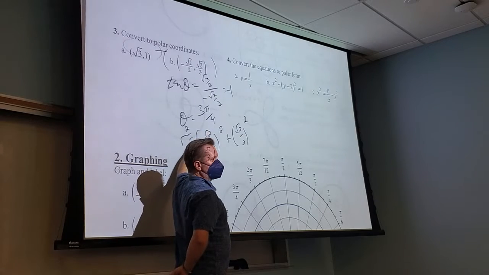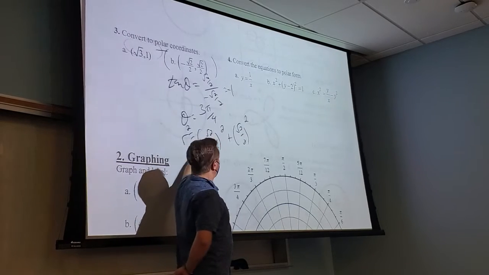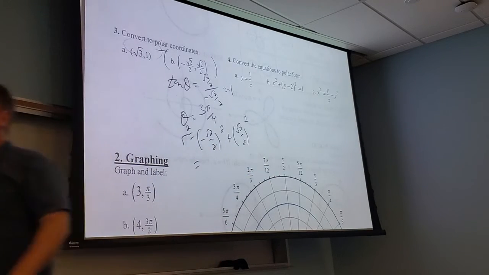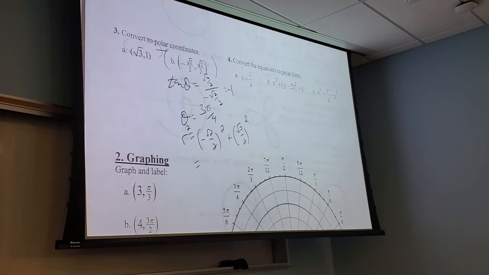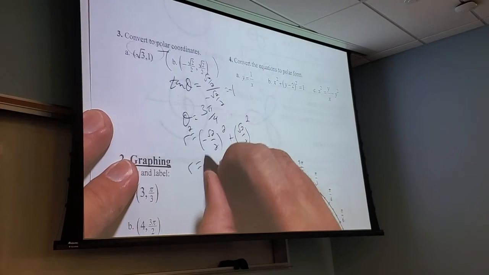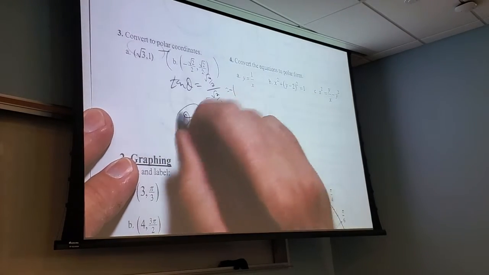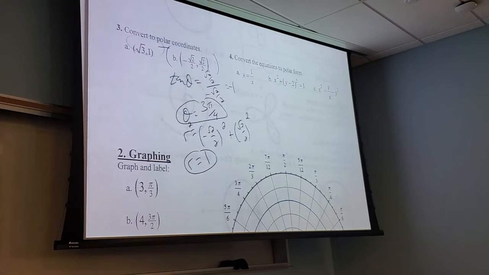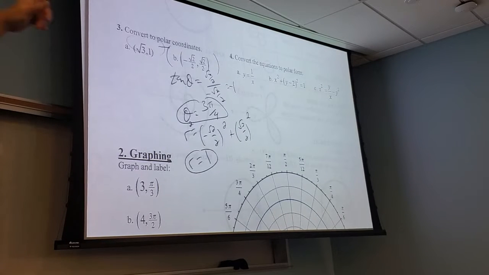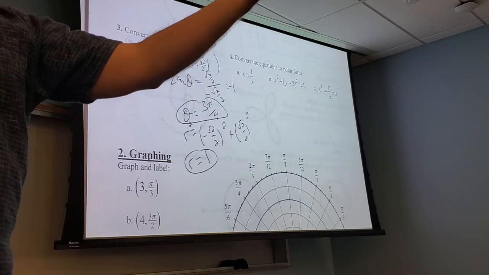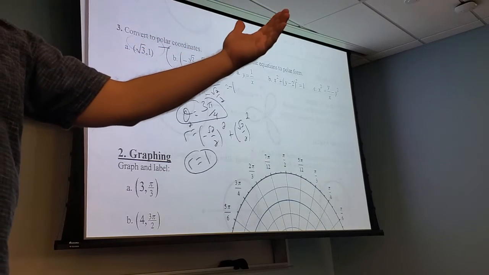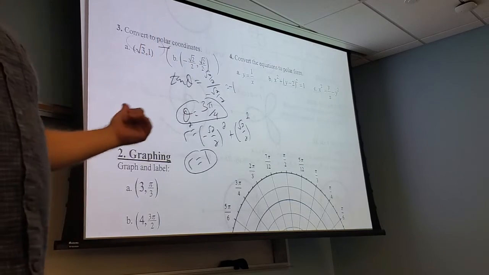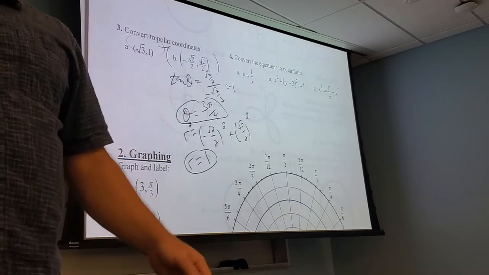So this is 2/4, right? The negative cancels. 2/4 plus 2/4 is 4/4, which is 1. And so r squared is 1, so r is 1. Nobody should be surprised by that. If the x piece is rad 2 over 2 and the y piece is rad 2 over 2, we must be in the unit circle. Aren't those unit circle values? So r being 1, we totally knew that already from the beginning.